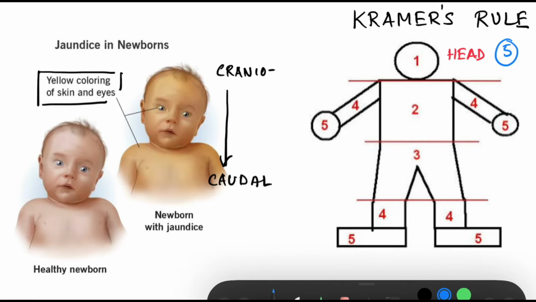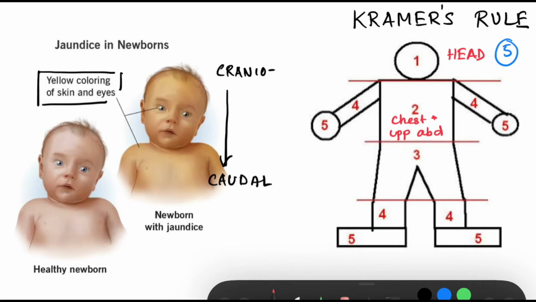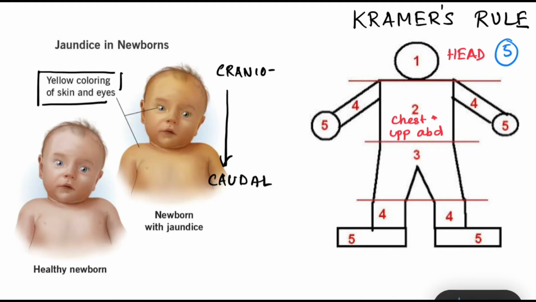Then we have the chest and upper abdomen, which corresponds to a bilirubin level of approximately 10, and this is the total serum bilirubin that we are talking about.